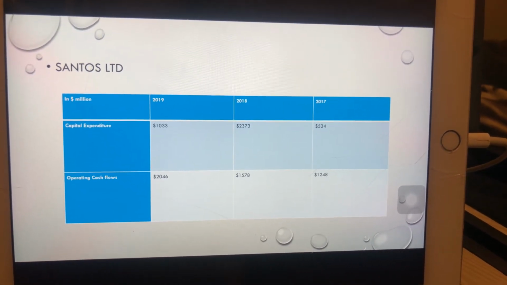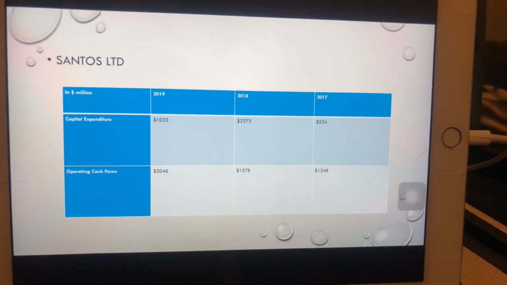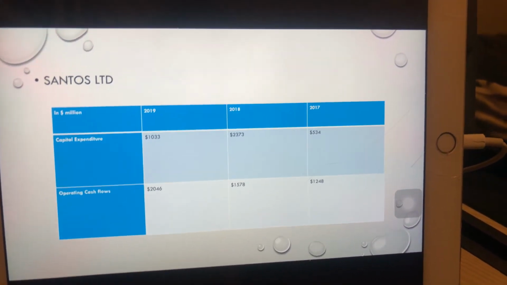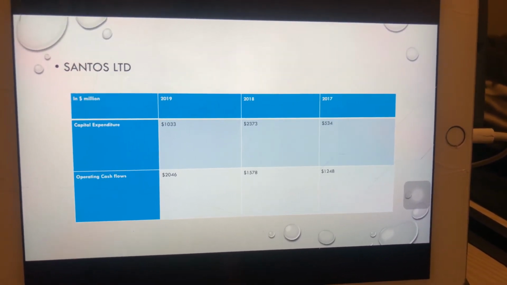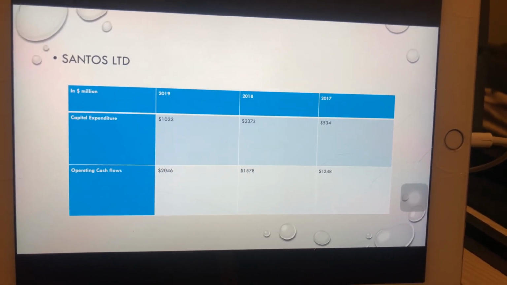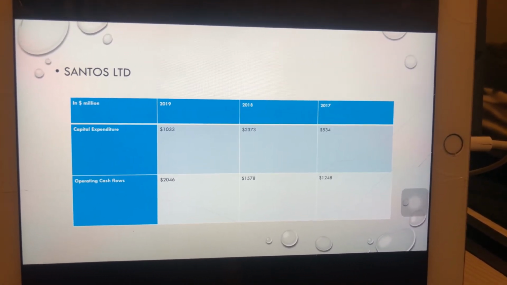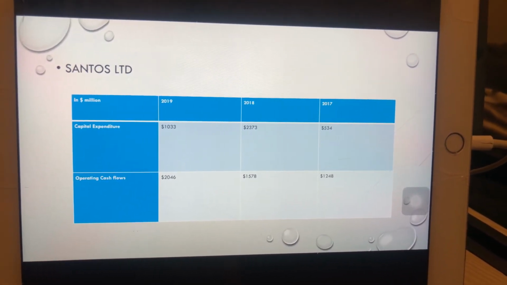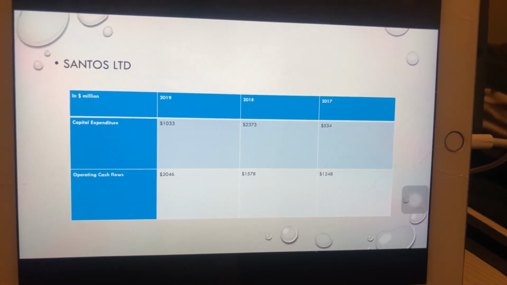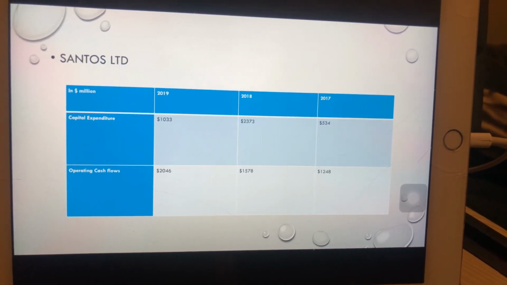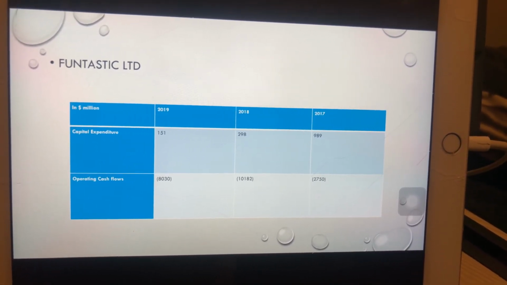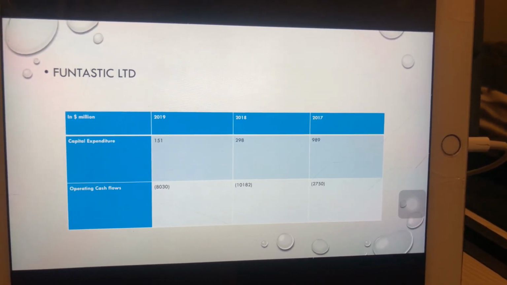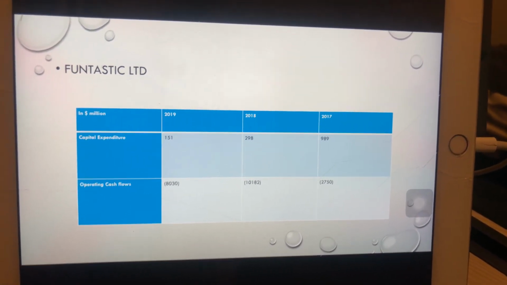The capital expenditure in 2017 and 2019 can be funded from the cash flows from operating activities, and the capital expenditure for the year 2018 is funded from the borrowings of $1,193 million. Last, for the company Fantastic, the capital expenditures are funded from the borrowing and the proceeds of the share issue.